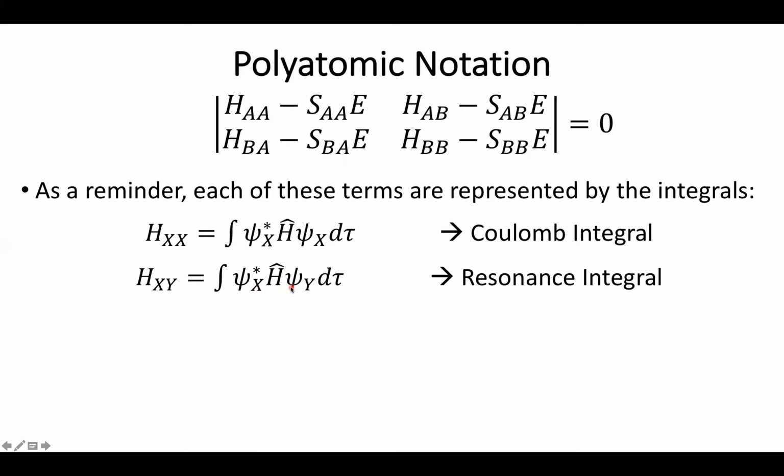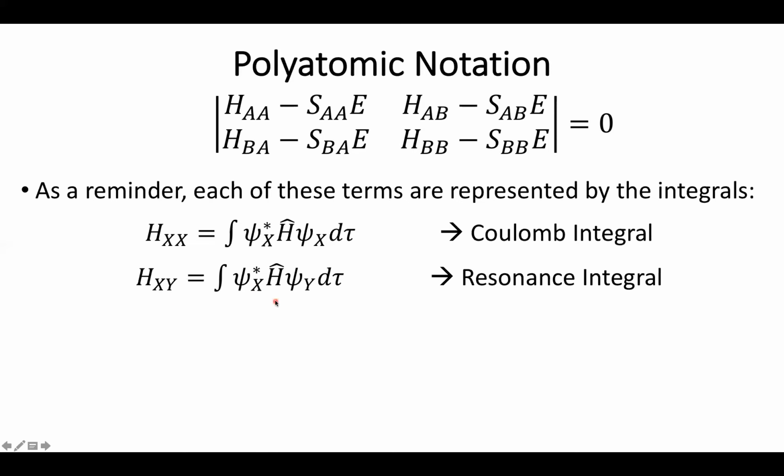And so again, this is that same idea that we have to deal with the fact that if x and y are centered on two different atoms, they aren't necessarily going to form an orthogonal set, which means that this value might not be zero, as there may be some energy of interaction.